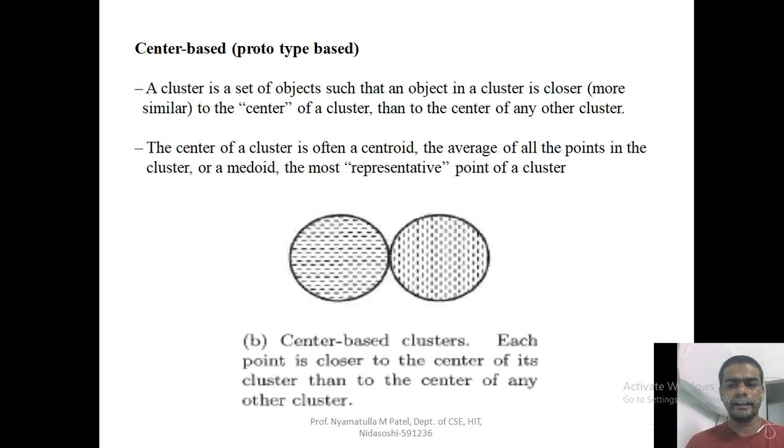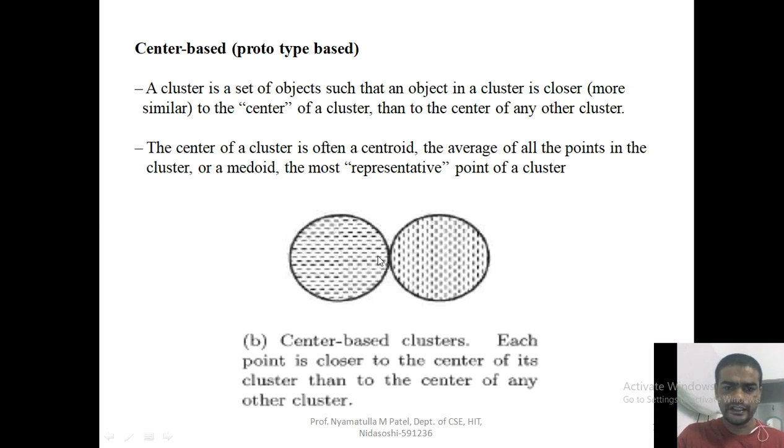Next, coming to the second, center based or prototype based cluster. A cluster is a set of objects such that an object in a cluster is closer to the center of the cluster than to the center of any other cluster. So, every object, every point in this particular cluster is closer to the center of the cluster.